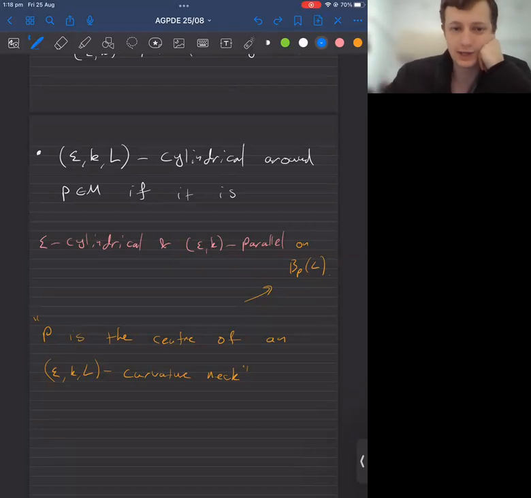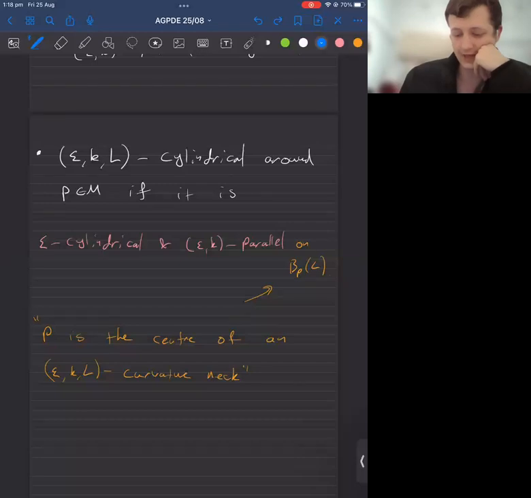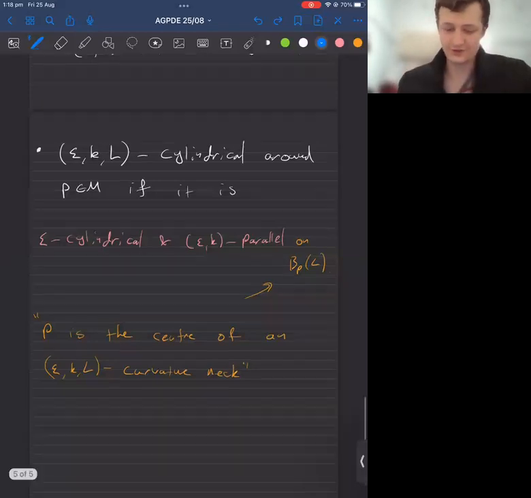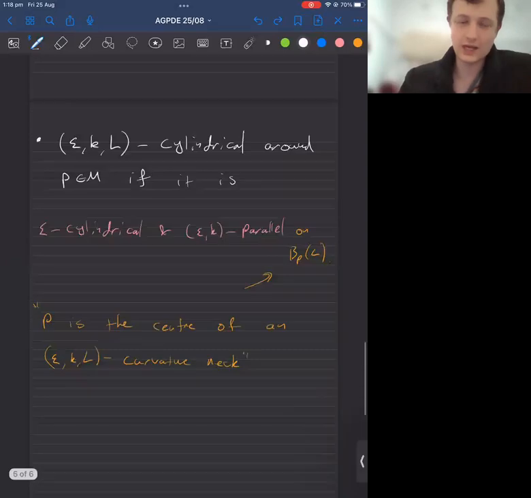Cool. Any questions regarding those definitions? Okay, so today, basically we have two propositions regarding these, both of which I don't fully understand. And we're going to, first of all, characterize what happens when a manifold is epsilon k spherical.